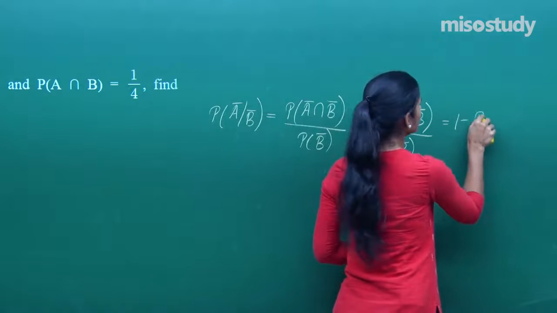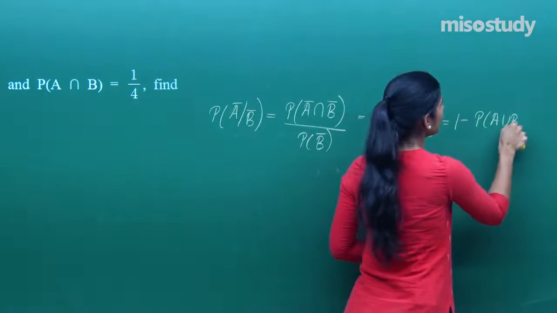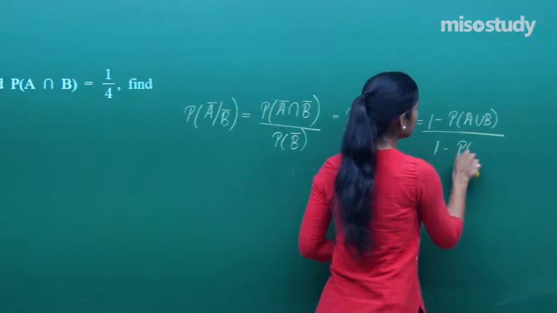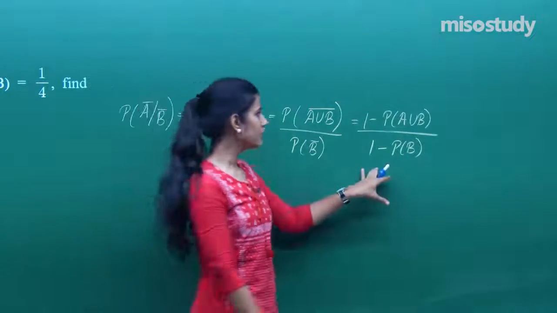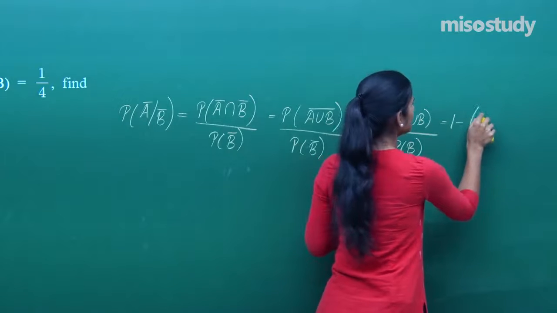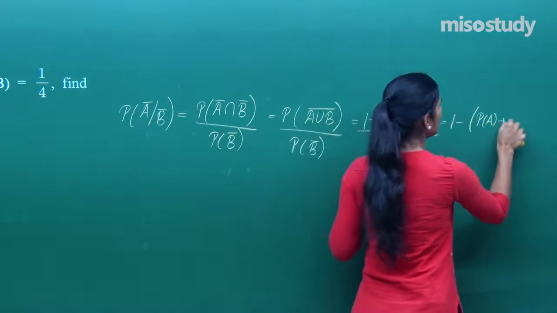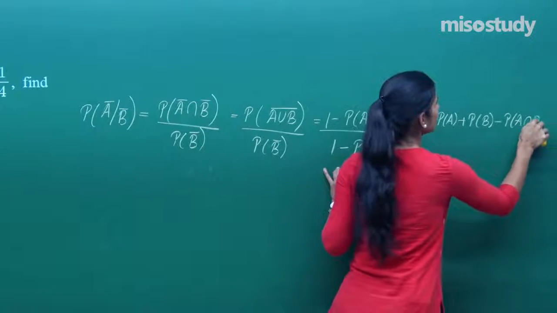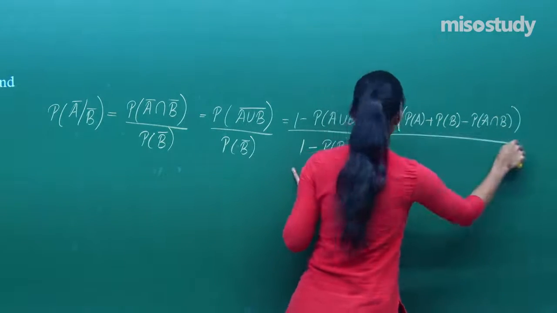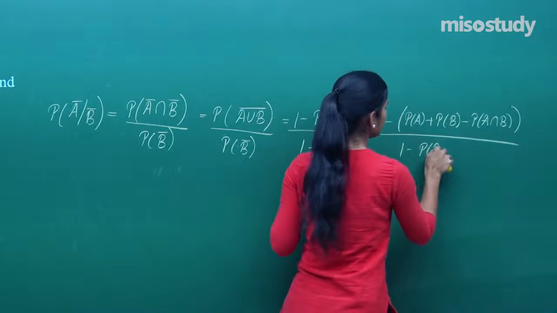This is 1 minus probability of happening of A union B, 1 minus probability of happening of event B. In here, this is probability of A plus probability of B minus probability of A intersection B, and this is 1 minus probability of B.